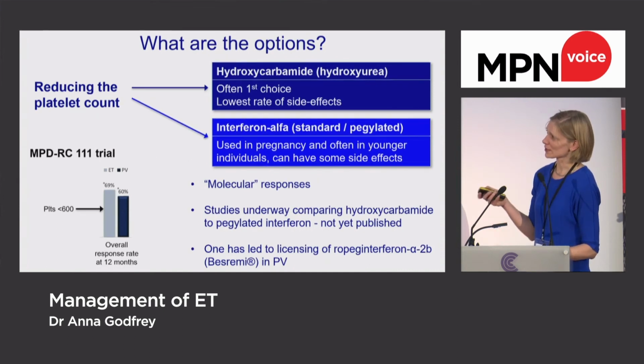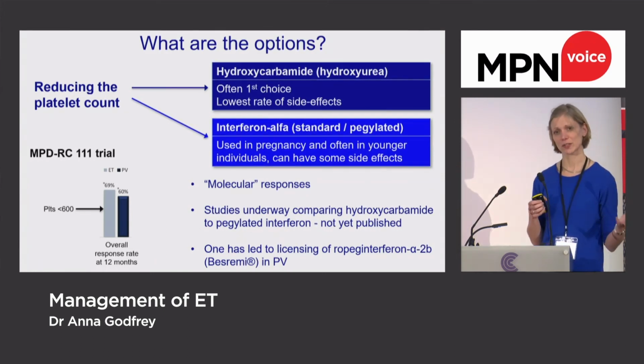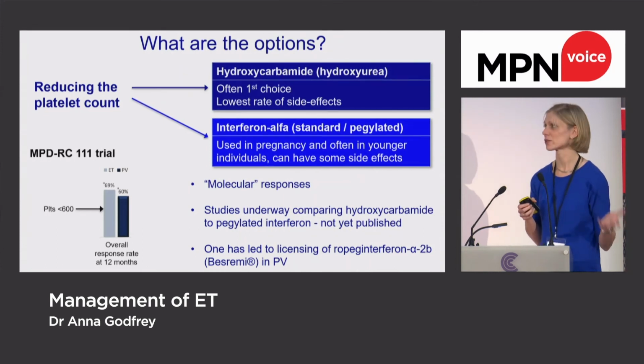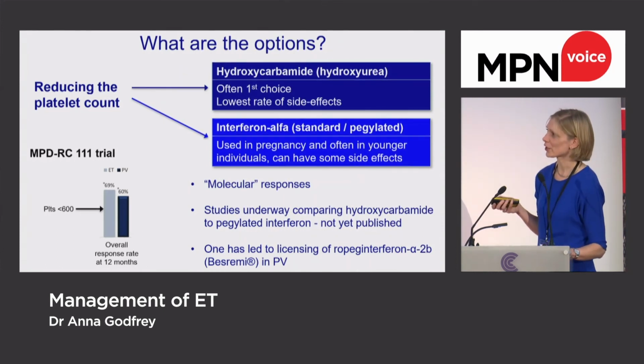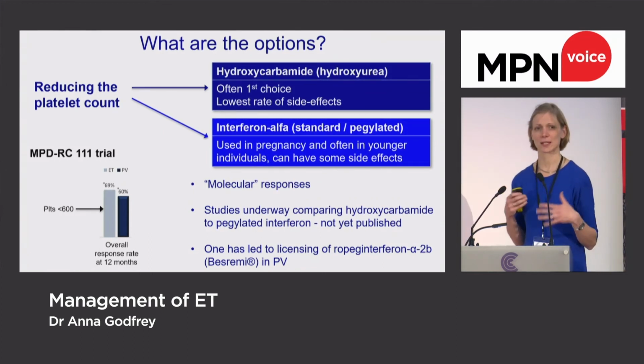This is an example of some of the recent data from the MPD-RC 111 trial, and I've included this because it includes patients with ET. This is a study that looked at patients who had already tried hydroxycarbamide and were either intolerant or resistant to that. Overall, around 70% of the patients in the study with ET were able to get some kind of response.